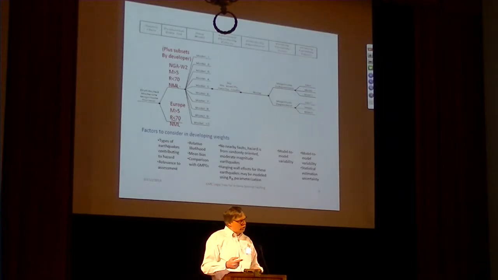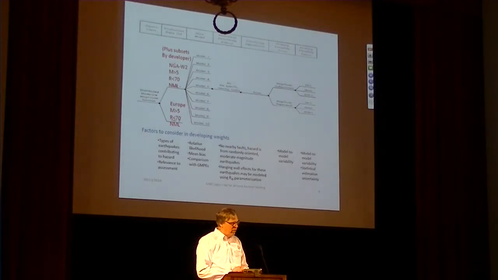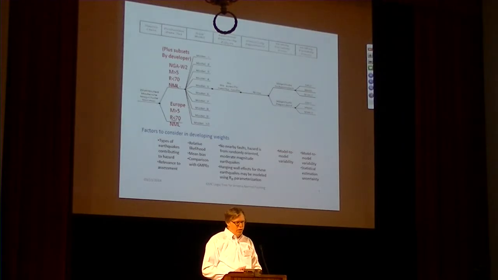We could then have alternative versions of those subsets based on what each developer did. Yusuf had mentioned that yesterday. We don't want to have just one set, for example, the one that was used in the ASK model, because we want to see sets where data were rejected for one reason or another by other developers.